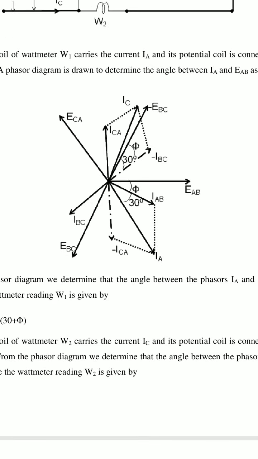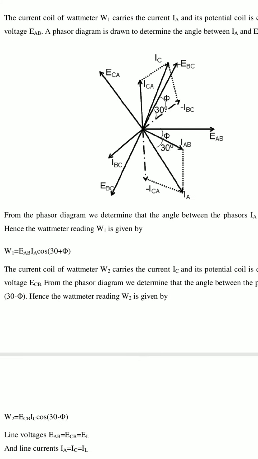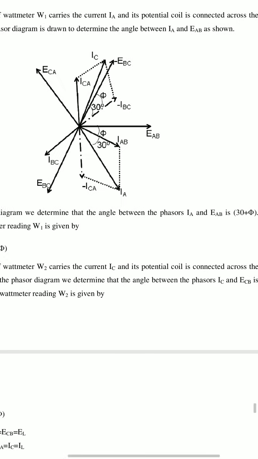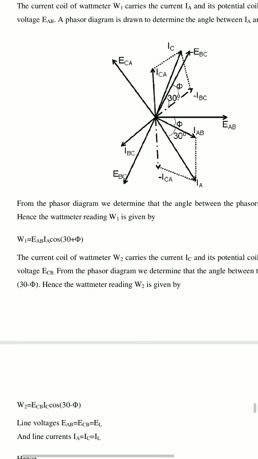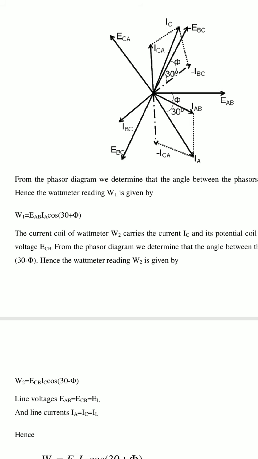From this phasor diagram, we determine that the angle between the phasor IA and EAB is 30 plus phi. Hence, the wattmeter reading W1 is given by W1 is equal to EAB IA cos(30 plus phi).